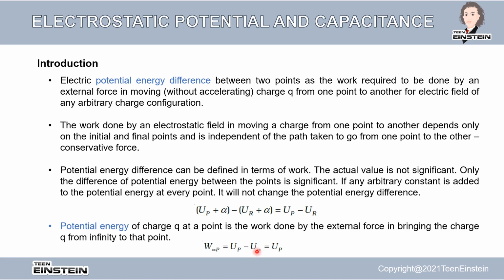So we are assuming that the charge is somewhere far away from this capital Q, at an infinite position. So in this case, the potential is 0. So we are just making this value 0, so W_infinity,p equals U_p. This is how we define the potential energy of a charge at a particular point P.